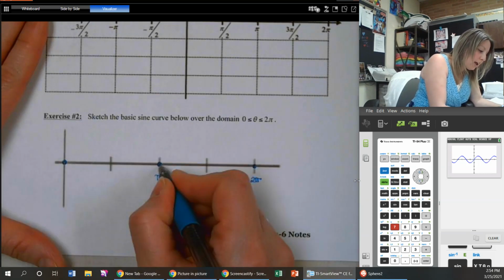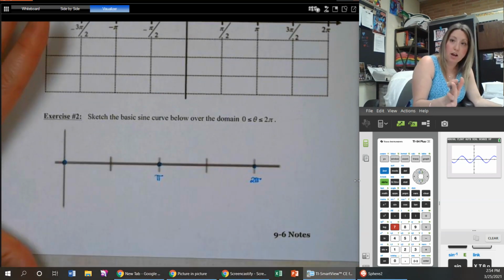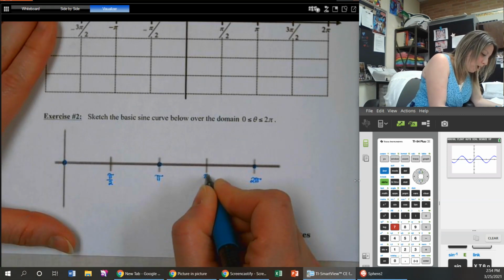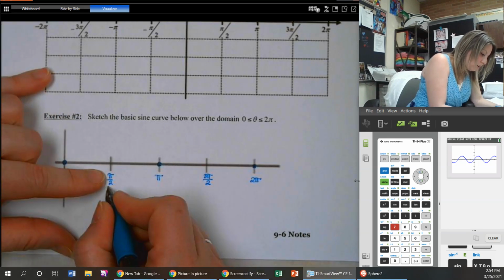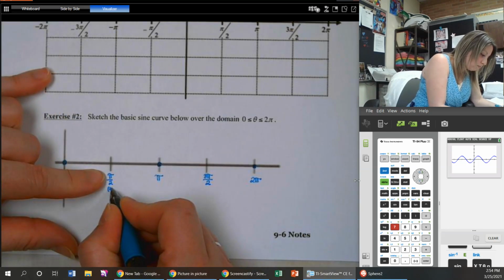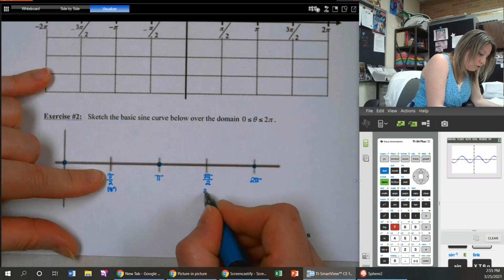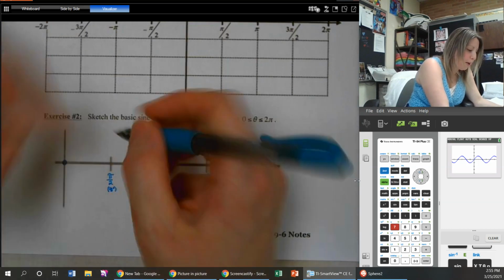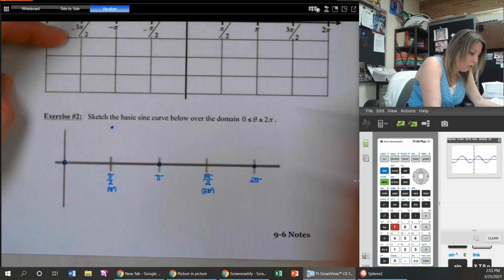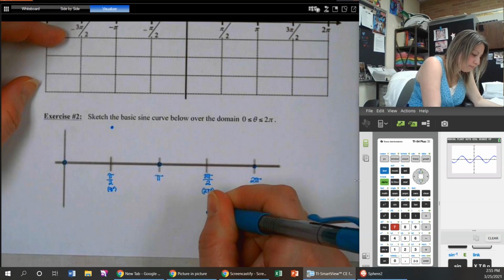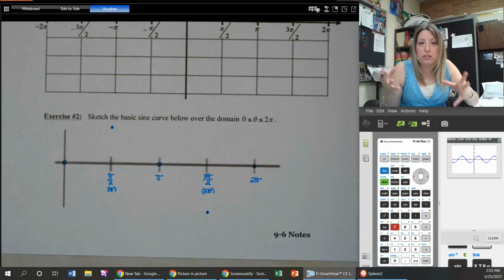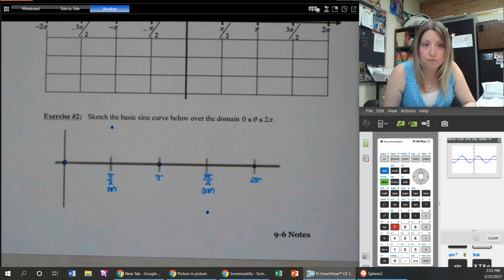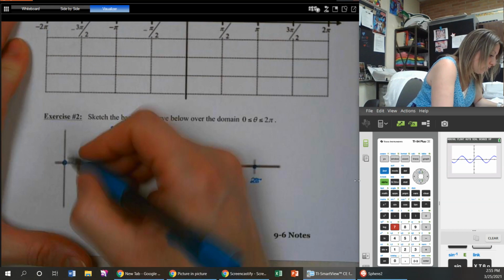And where you're not at 0 for the very basic sine curve is pi over 2 and 3 pi over 2, which is, of course, 90 degrees and 270 degrees. And when you're not at 0, you're either at positive 1 or negative 1. And that's the main pieces you want to keep in mind about your sketch of your sine curve. Okay? And that's it. That's really all you need to worry about.